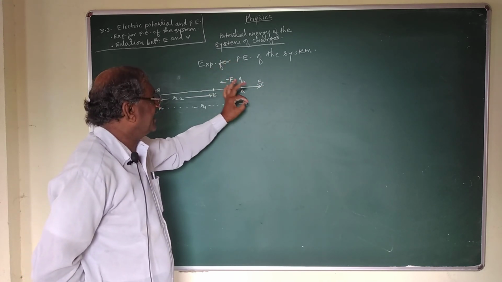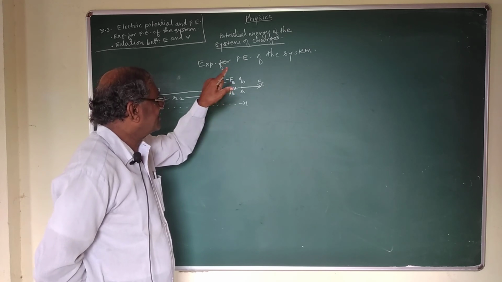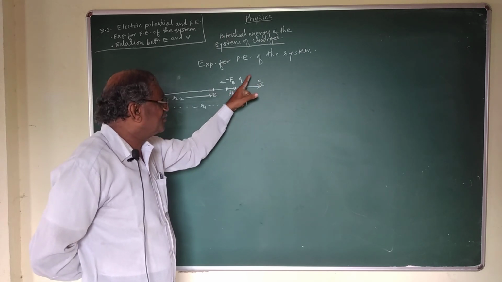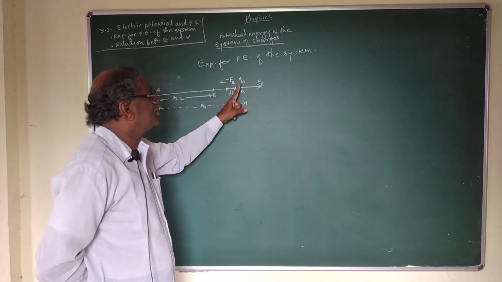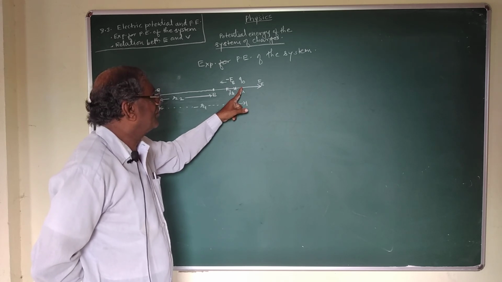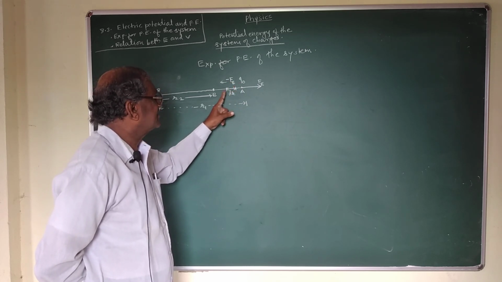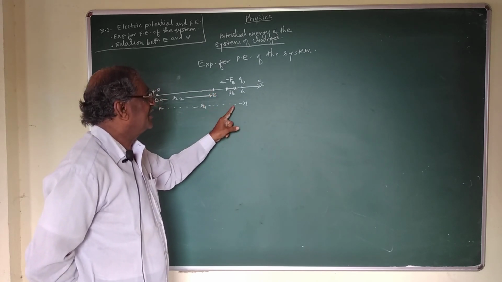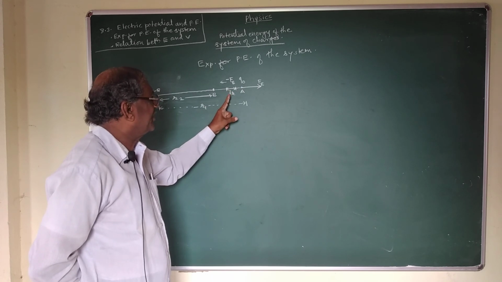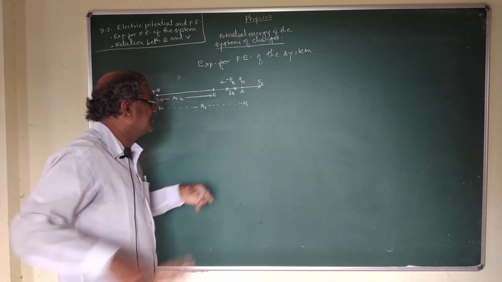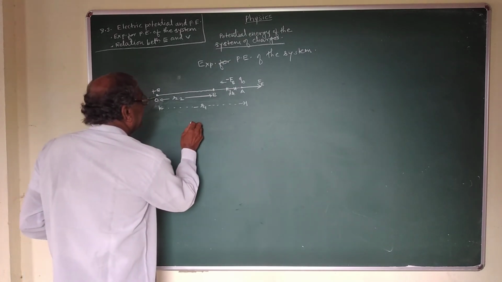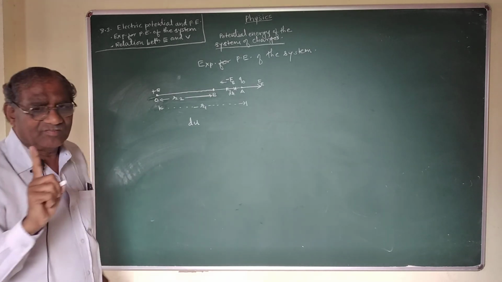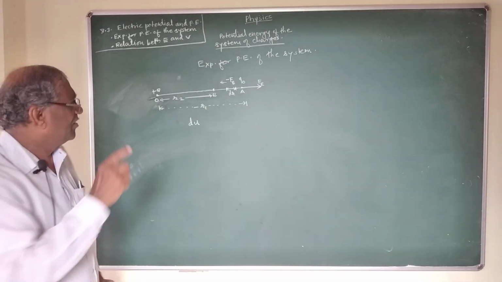This applied external force does some work on the Q0 charge against this force of repulsion, and then the Q0 charge moves through a very small distance dr. This work done in moving through a very small distance dr is given by dW, meaning dU, the increase in potential energy of this system.